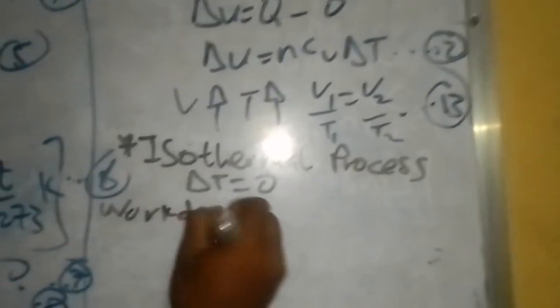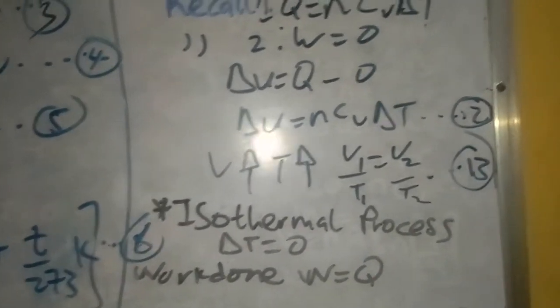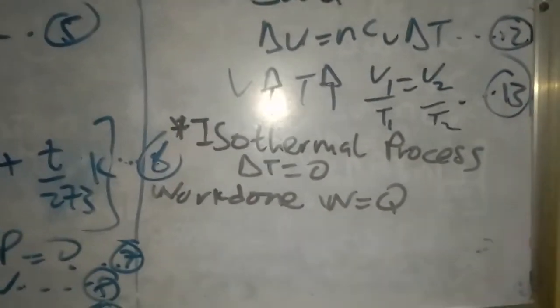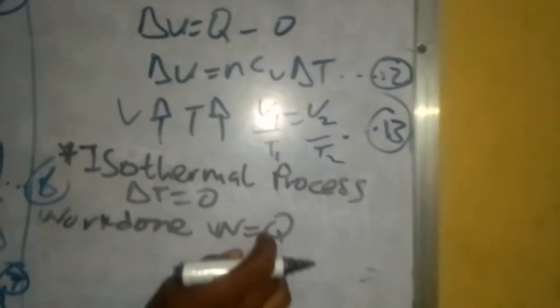So in this case now, your work done is equal to Q. Your work done is equal to what? Q. Work done is equal to Q, meaning that the work done on this system.